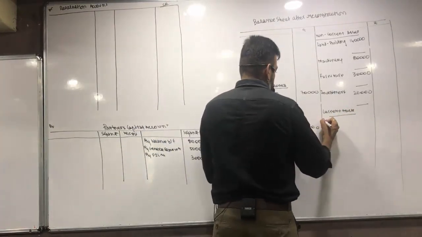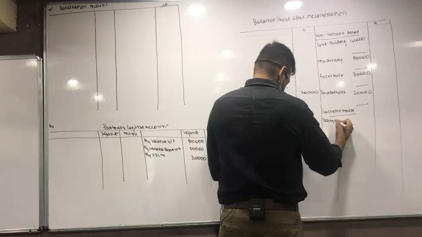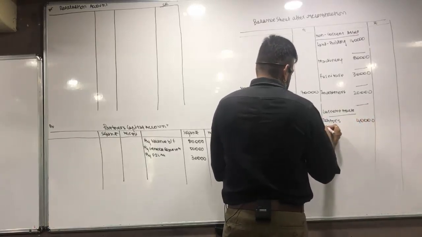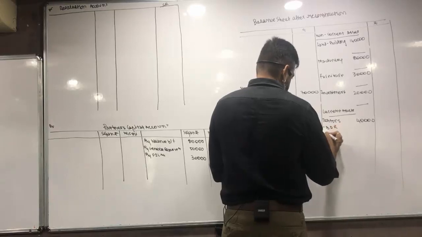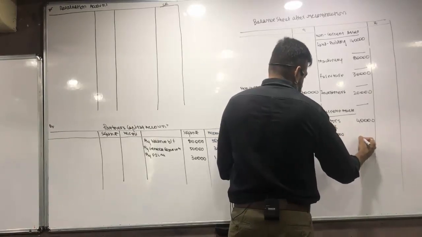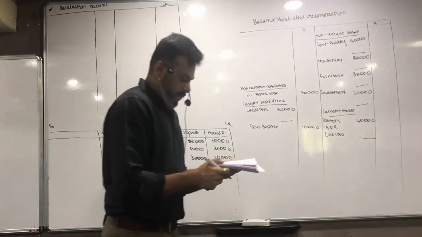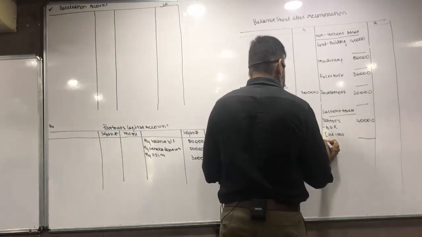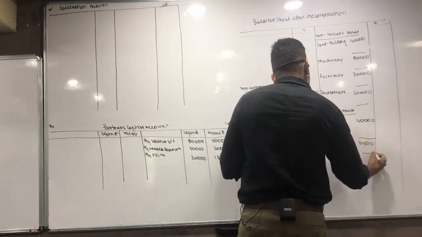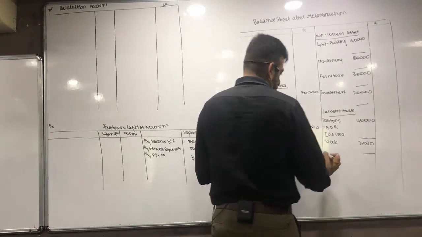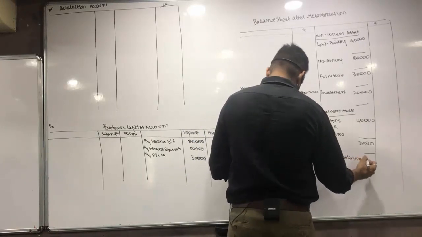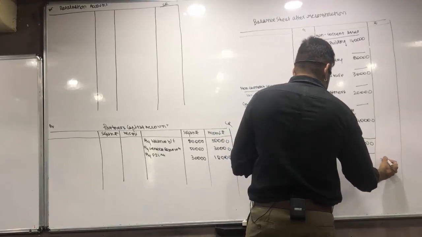Debtors, important adjustment, 40,000. Minus bad debt reserve in the bracket, old 1,500. Later we'll see this. Stock 31,500. Cash balance 30,000.